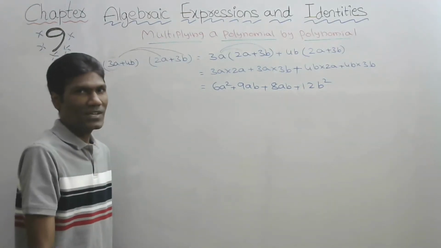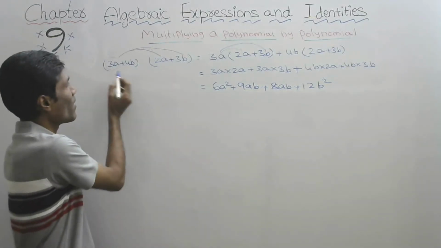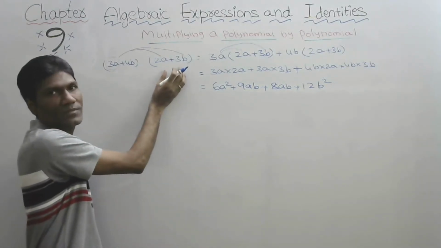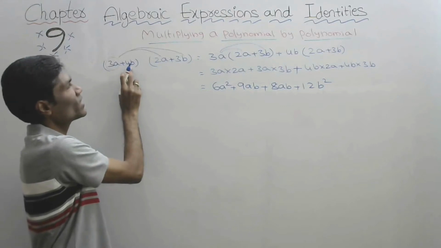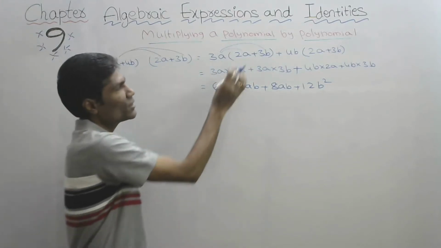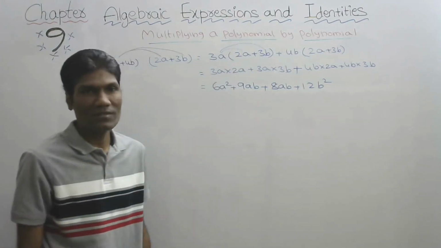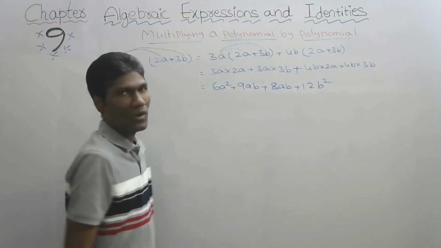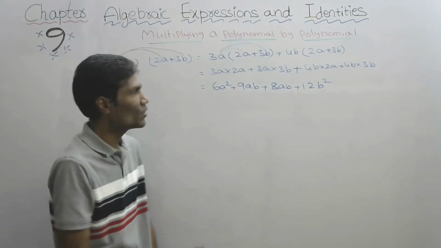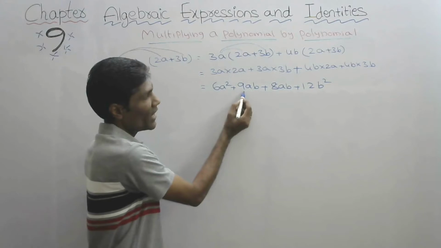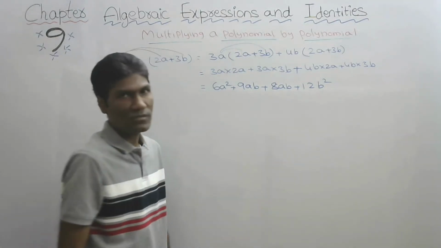So what we are going to do is take the first one and multiply. Then take the second one and multiply. This process we know already. So this we got. Now what we are supposed to do? 6a square, 9ab, 8ab, 12b square.